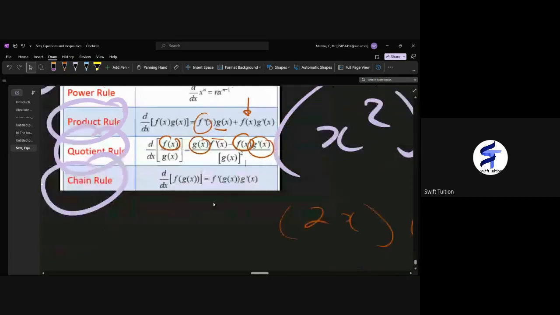Now we have the chain rule. There's a really good problem from the past tutorials that we wrote, that used the chain rule. I'm going to try and look for it.